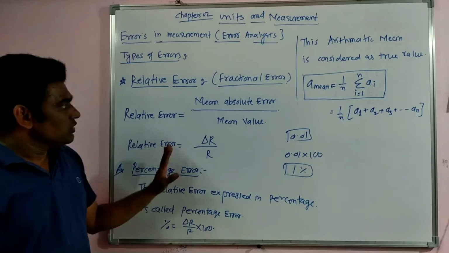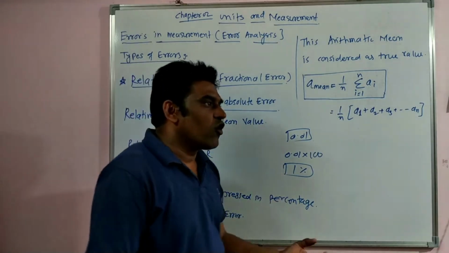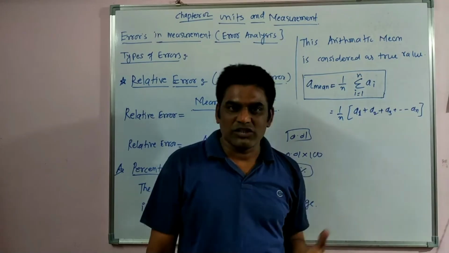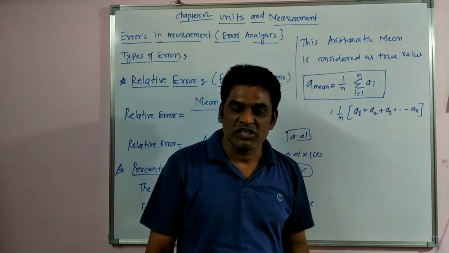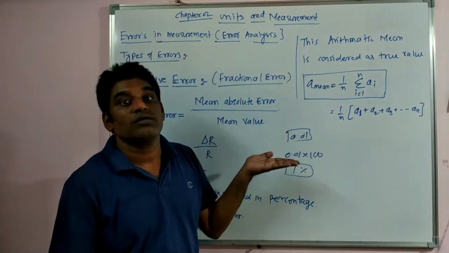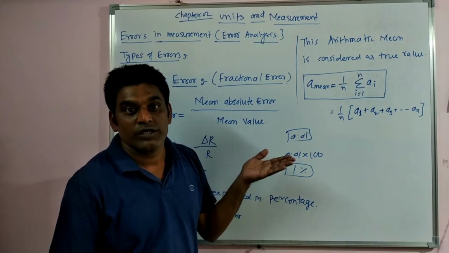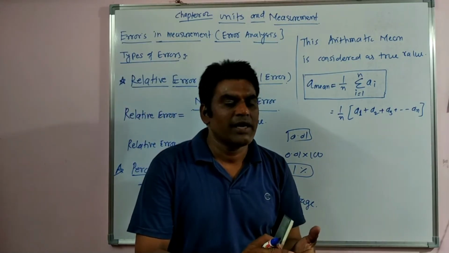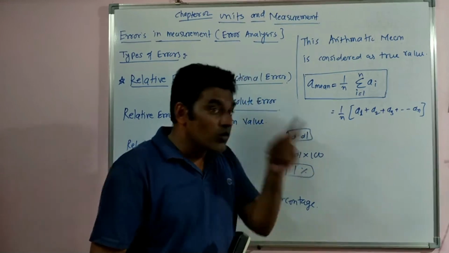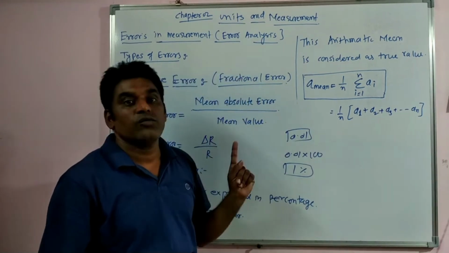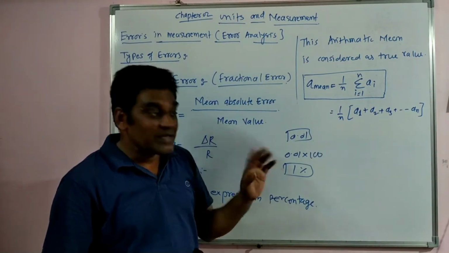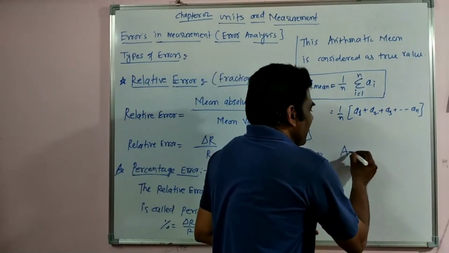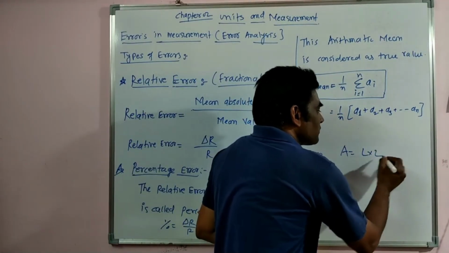Okay. Now, before we go to error propagation, error in addition, error in subtraction, this we have seen for an individual physical quantity, one physical quantity. It may be length, mass, velocity, or anything. But it may happen that, suppose, area is equal to length into length.